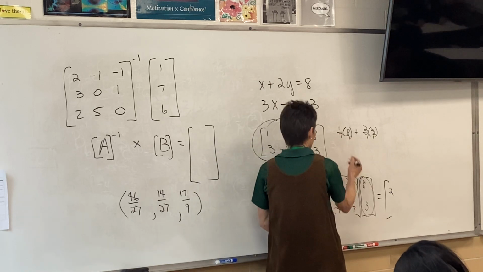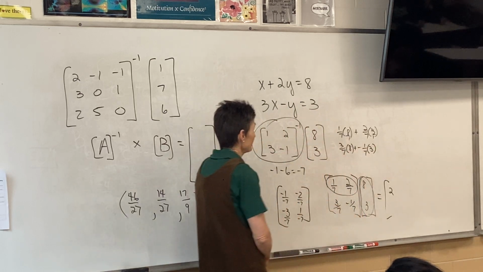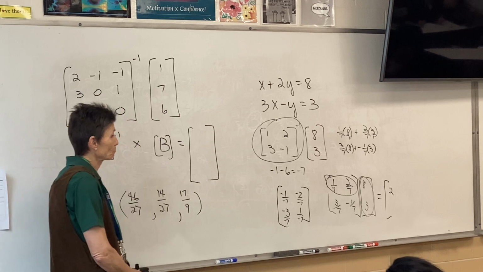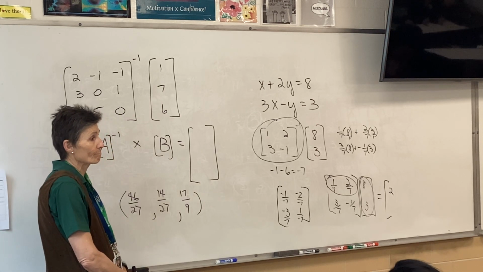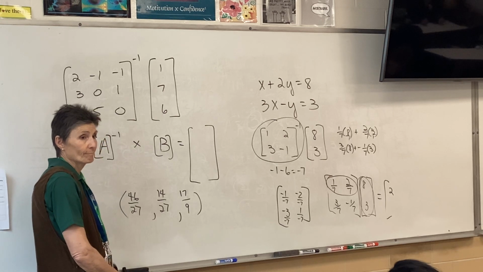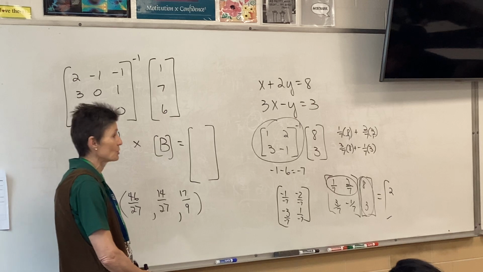And then take 3/7 and -1/7 times 8 and 3. And what's that give us? You guys are making it hard on me today. Come on, get those brains functioning.